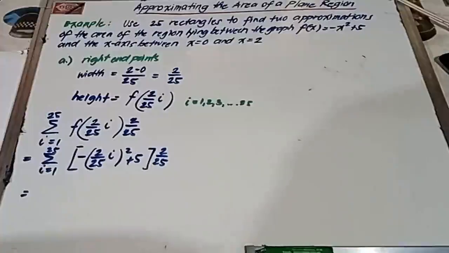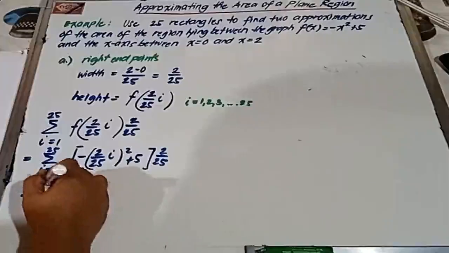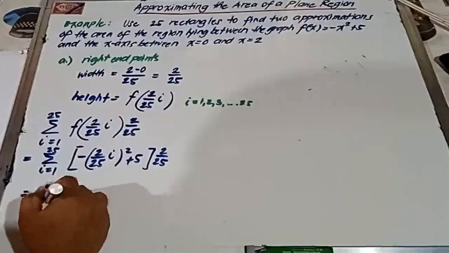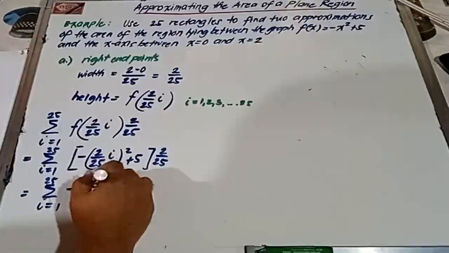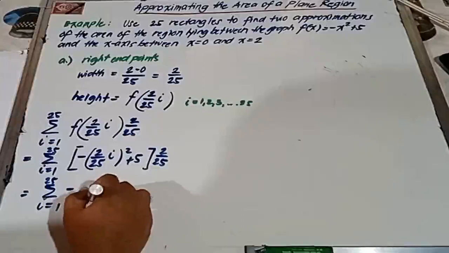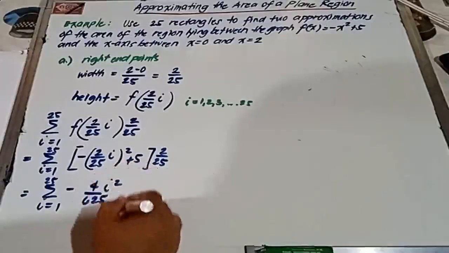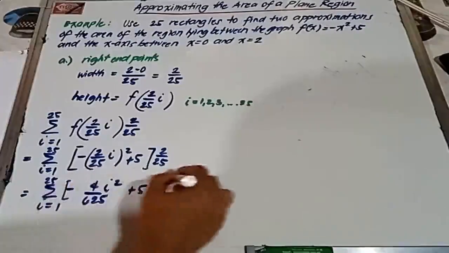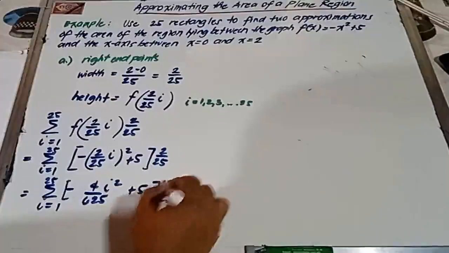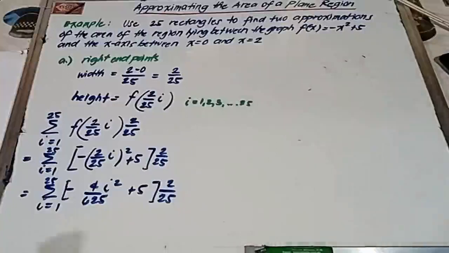Expand natin ito. So we have summation of i equal to 1 to 25 of negative 4 over 625 i squared plus 5, times 2 over 25. And then expand natin siya.